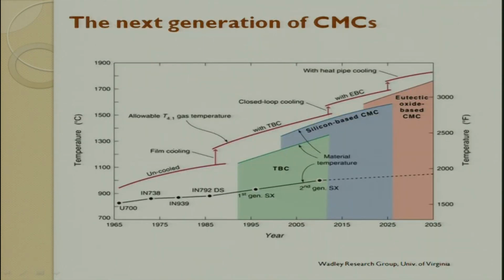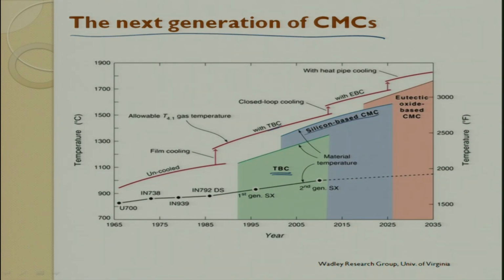So, what is the next generation of ceramic matrix composite? The next generation are going to be TBCs, thermal barrier coating. Thermal barrier coating can be used for aerospace, cutting tool, so many applications. First it was uncooled, now it is film cooled, then with thermal barrier coating, then with EBC, we are also now getting materials which are silicon based ceramic matrix composites.